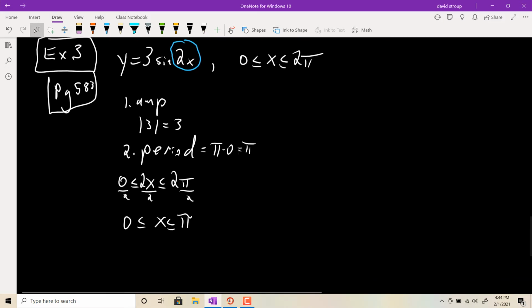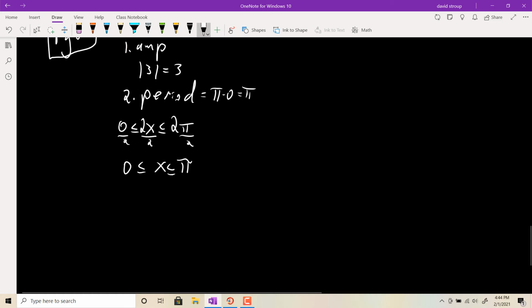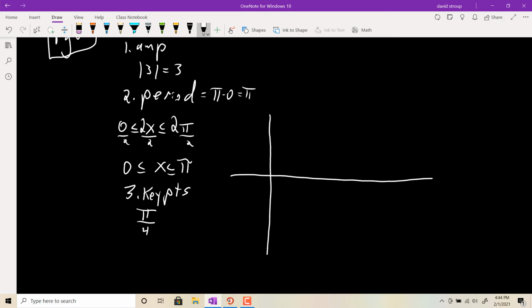Then the key points, which are basically going to be our tick marks, are just going to be the period divided by 4, so pi over 4, starting at 0 and moving to 2 pi. The amplitude is 3, so I'm going up 3, down 3.